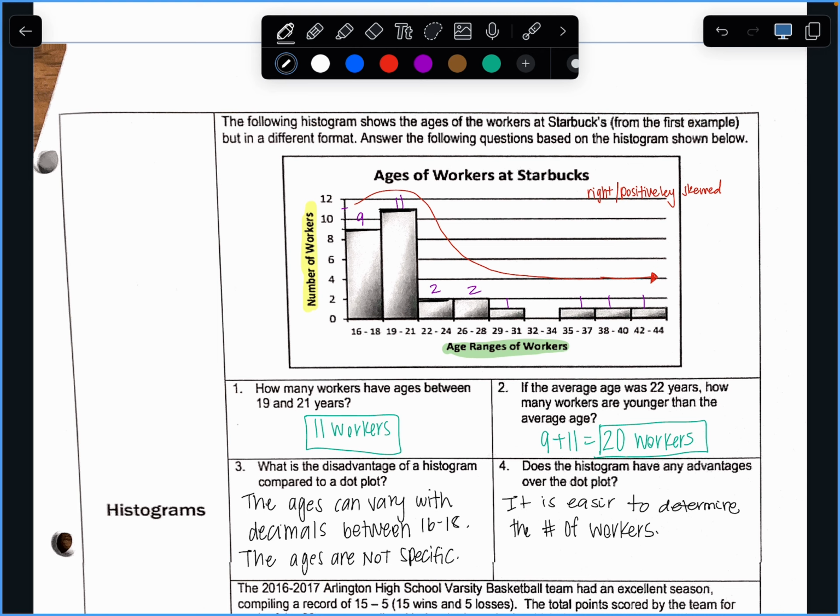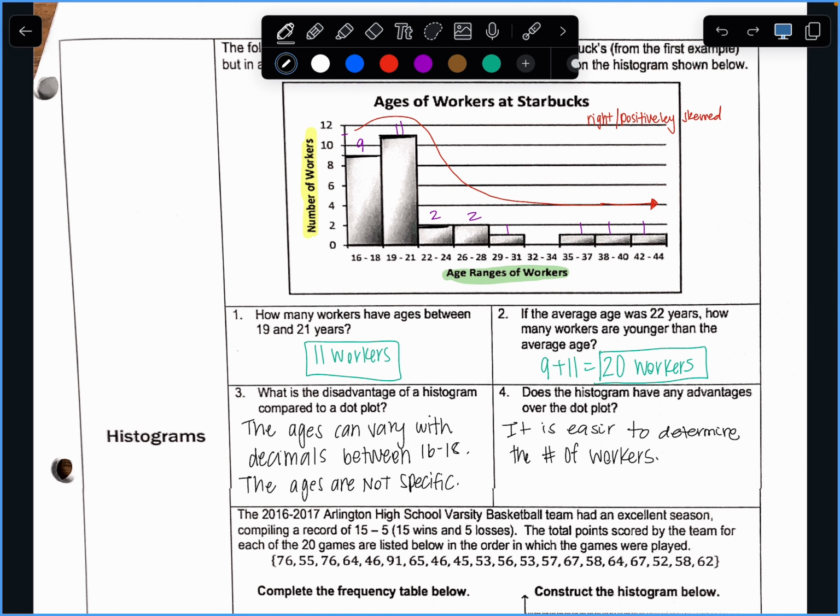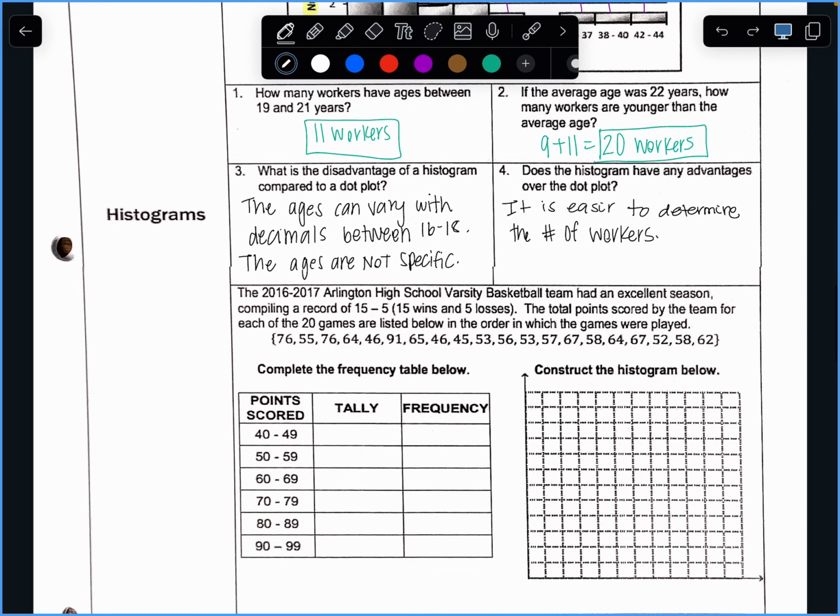So it's always easier for you to read the height of each bar on a histogram than counting all the dots, right? So it's always easiest. Okay, so anyways, there's some disadvantages and some advantages. We got to know them all.